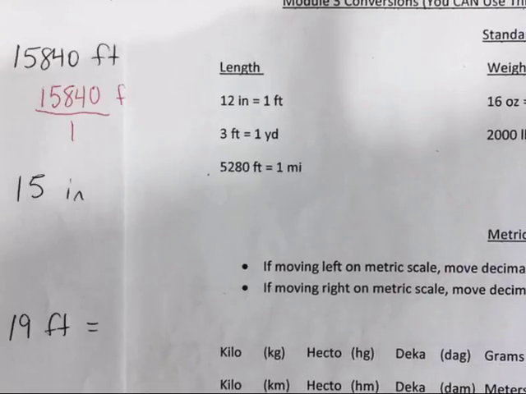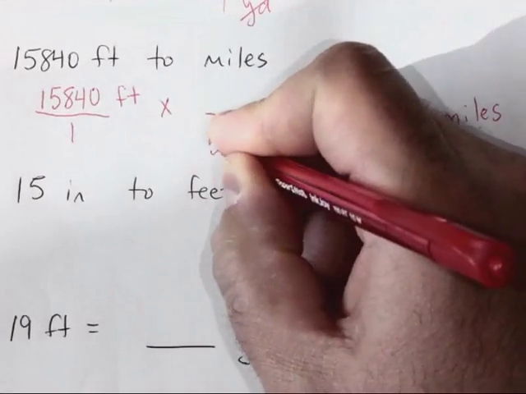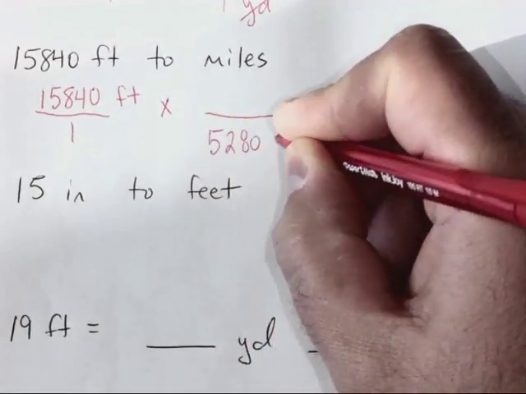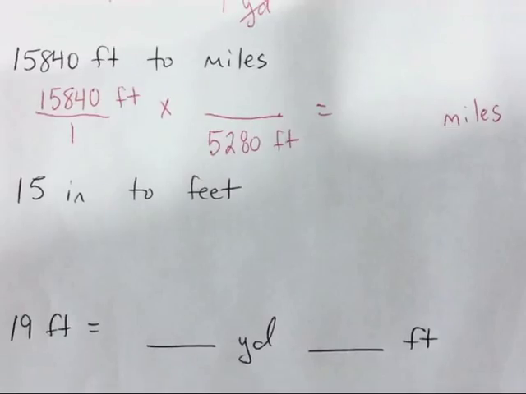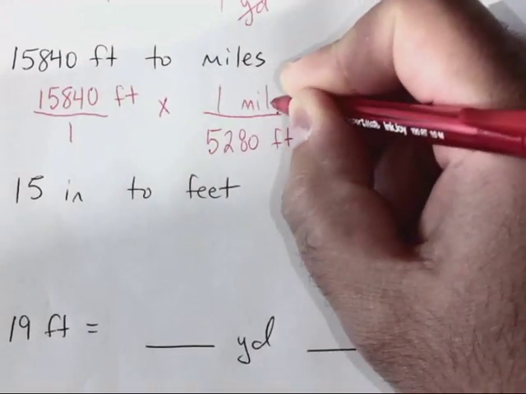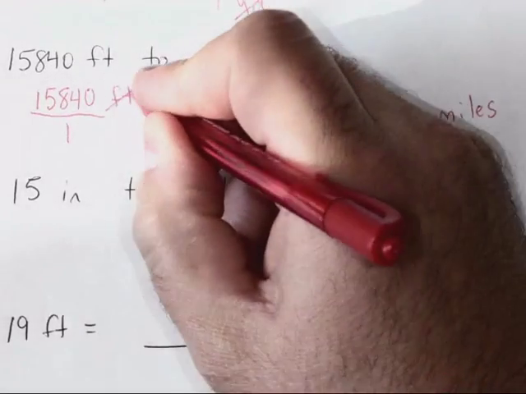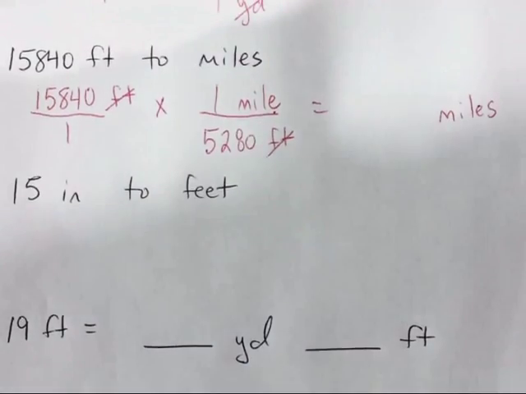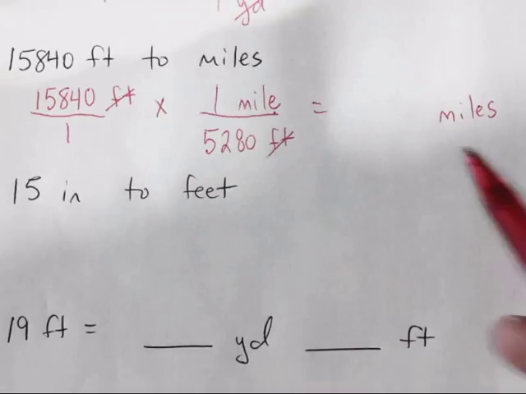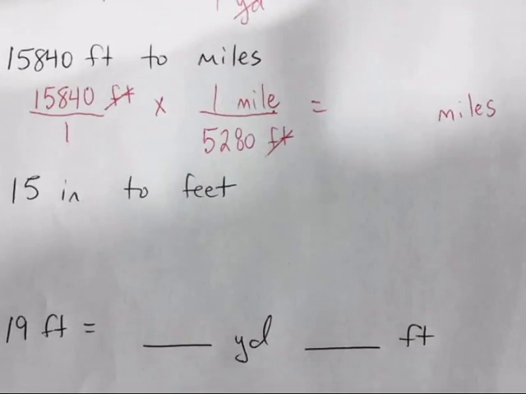So I want to put feet on the bottom in this case, and 1 mile on top. So now I can see that feet are going to cancel out, right? Because I've got feet in the top and the bottom, and I'm going to be left with miles. And so I've got my units correct, right? I've got my unit fraction in the right order, so that's important.